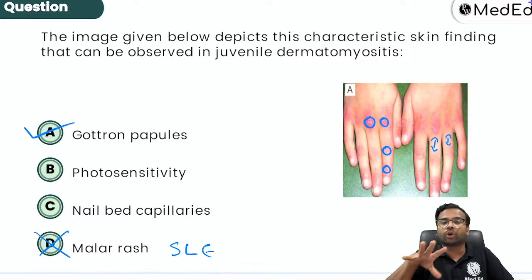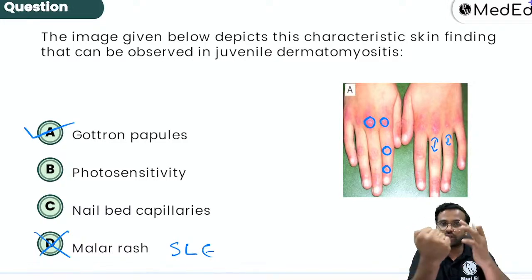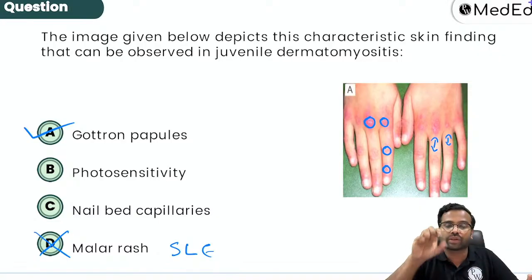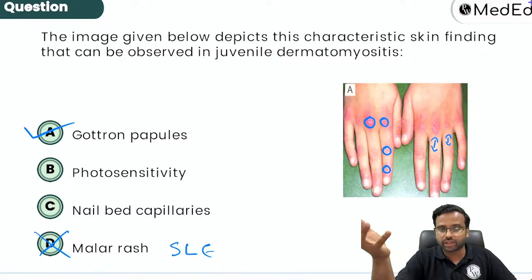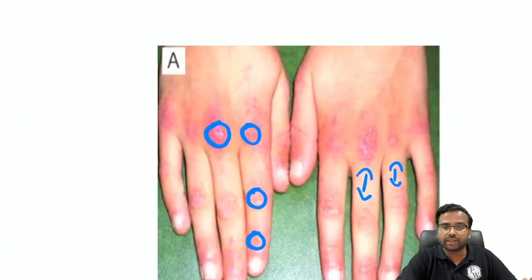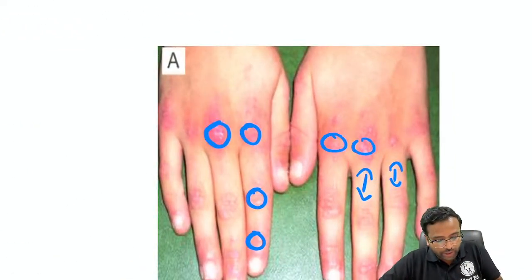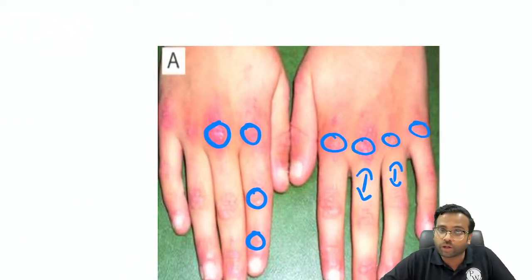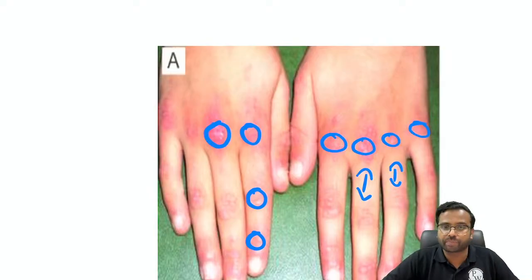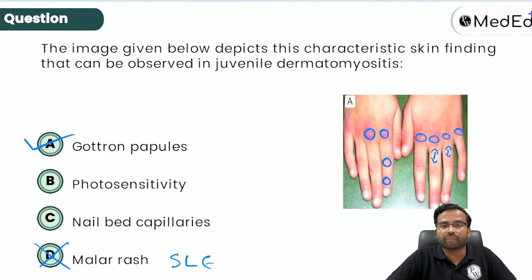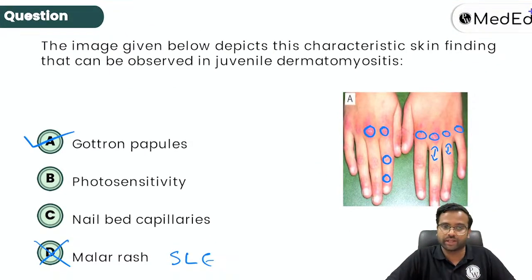So remember, in Gottron's papules, the knuckles and joints would have some kind of patch or plaque lesion. Whenever you see an image like this, where all the joint spaces or knuckles are involved, this is called Gottron's papule, very typical for dermatomyositis.